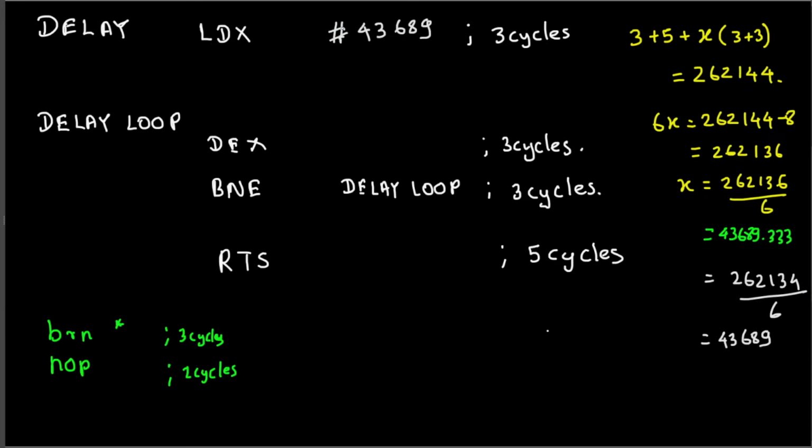To mention this is a decimal value, you have to put the number sign right here. Once you put that, this loop is going to run this many times, but 2 cycles are going to be missing because we took 2 out of it, right?